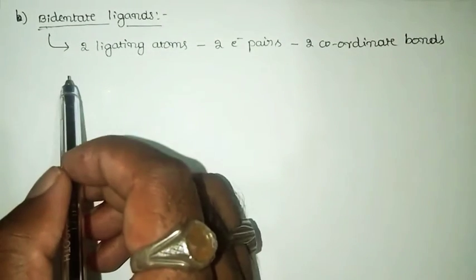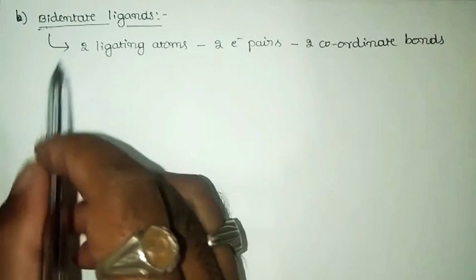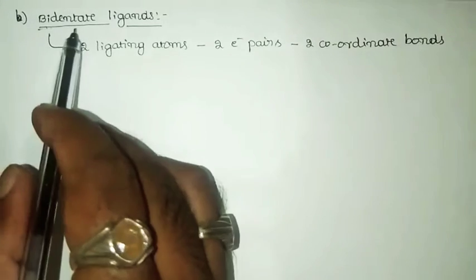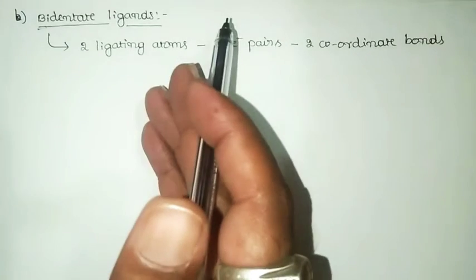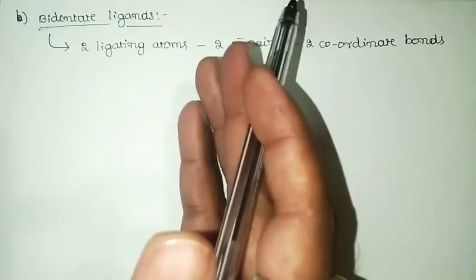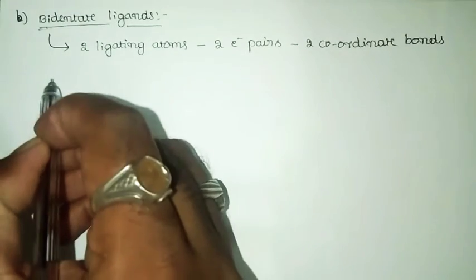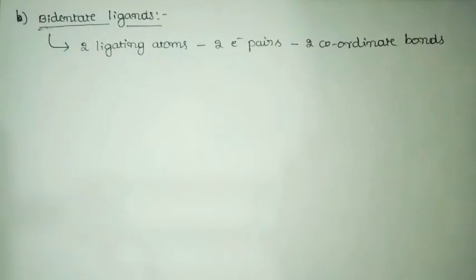Now we shall look into some simple examples of bidentate ligands. Like monodentate ligands, in the case of bidentate ligands also we will have both neutral as well as charged ligands.